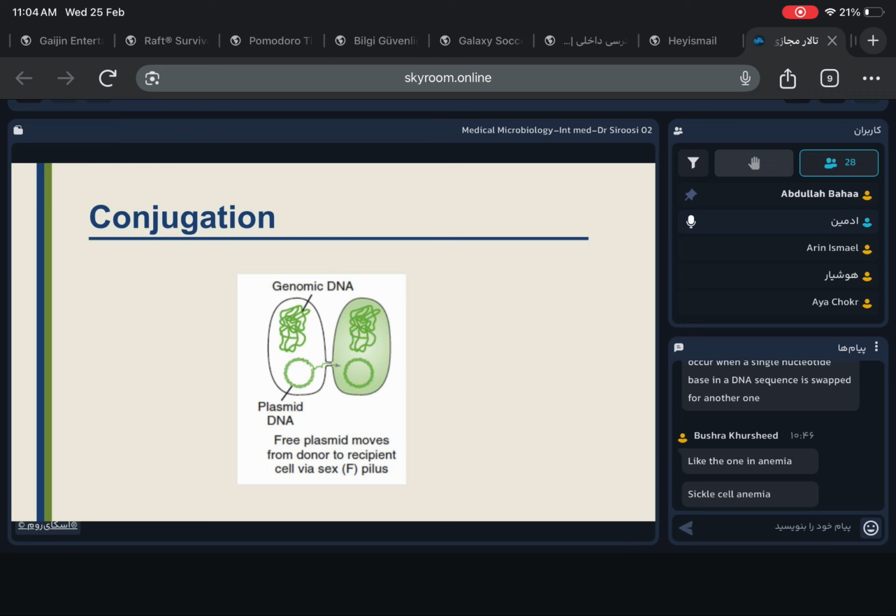This plasmid has genes which are able to encode the pilus. Okay? So a pilus, or a sex pilus, forms on the cell which has a plasmid. This cell is called the donor cell. So the donor cell actually encodes a special type of pilus which is called sex pilus or F pilus.